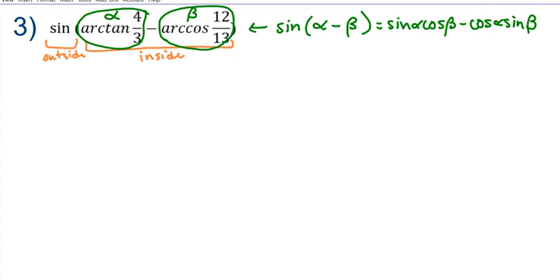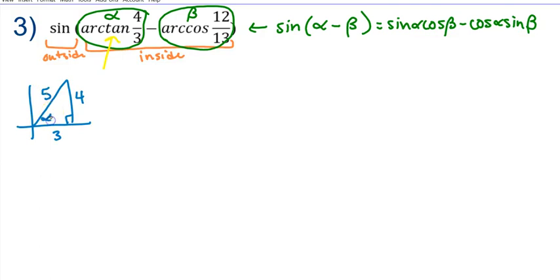Let's do that. Going back over here, the arctangent of 4/3, notice that's a positive 4/3. So we're going to draw a reference triangle in quadrant 1 where tangent is positive. Make the opposite 4, the adjacent 3, and the hypotenuse will be 5. We're familiar with that, 3, 4, 5. If you've forgotten, you can use your Pythagorean theorem.